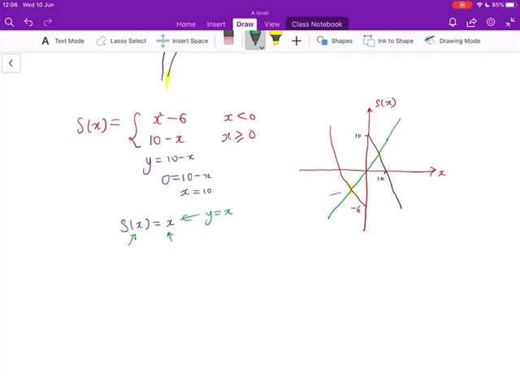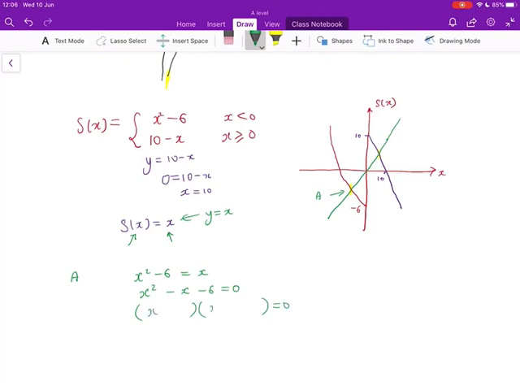So if we go about solving those, so this one here, if we call that A, that's where our quadratic meets the line y equals x. So if we're solving quadratic, we remember we want it equal to 0. So if we subtract x from both sides, we've got a quadratic that's equal to 0.